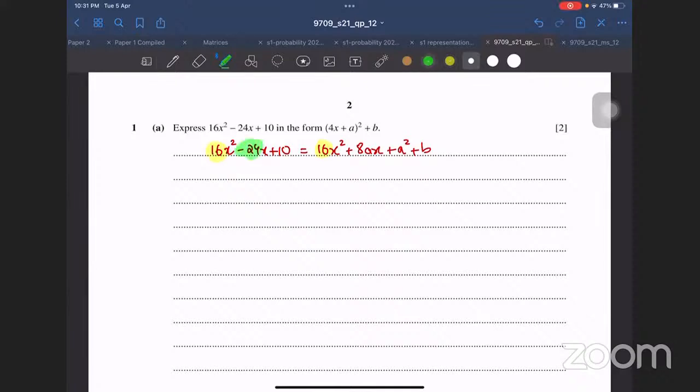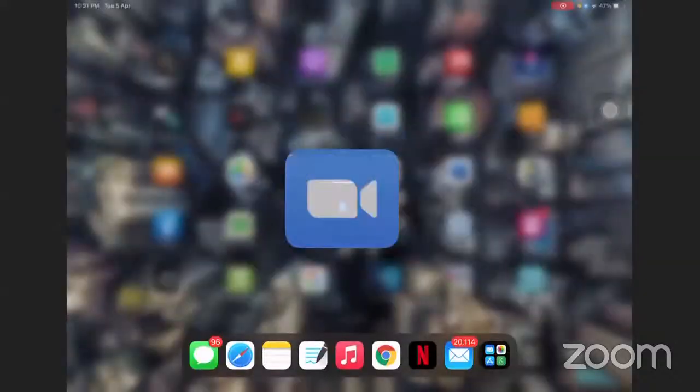Then I have the coefficient of x as minus 24 and the coefficient of x on the other side as 8a. So a equals minus 3. And so I have 4x.